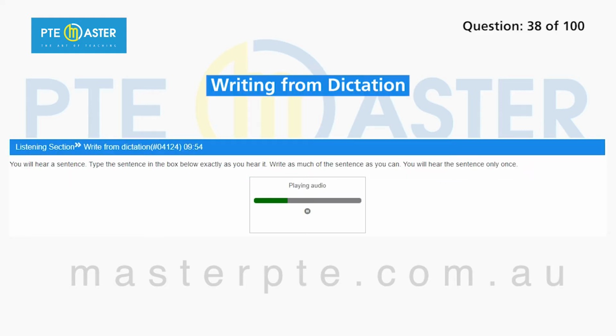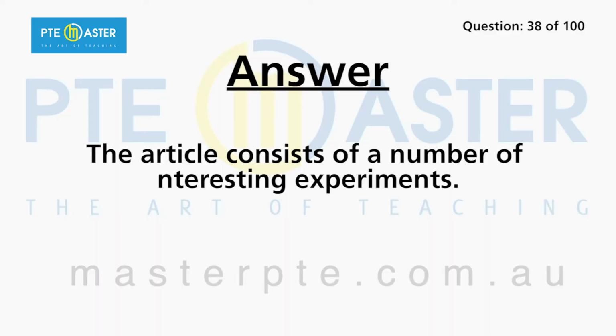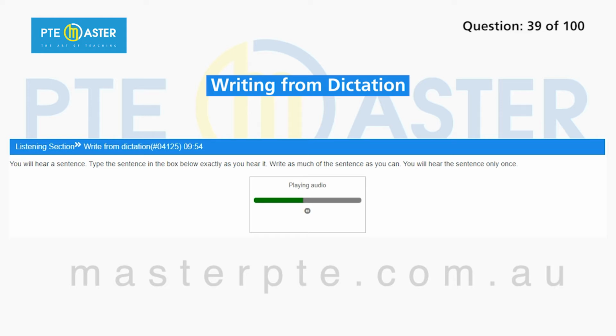The article consists of a number of interesting experiments. That means we have several structural overlaps.